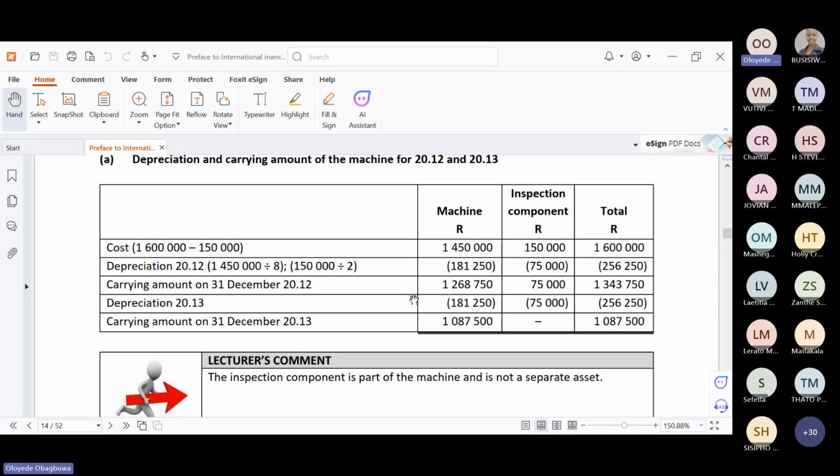So you will react based on the questions you have. As per these questions, we found out that the inspection is for 2 years, and the question asks us to limit our depreciation and carrying amount calculation to 2 years. Okay, understood, Doctor. Thank you so much. All right.